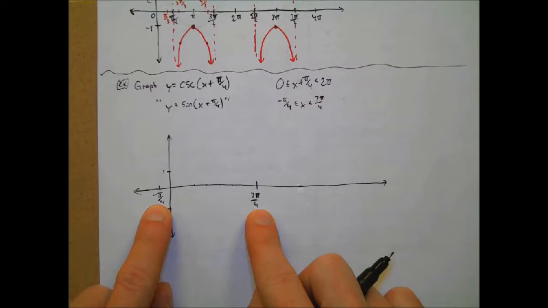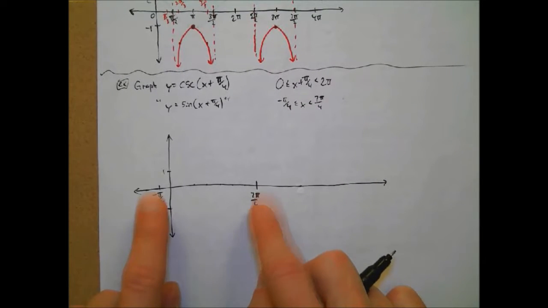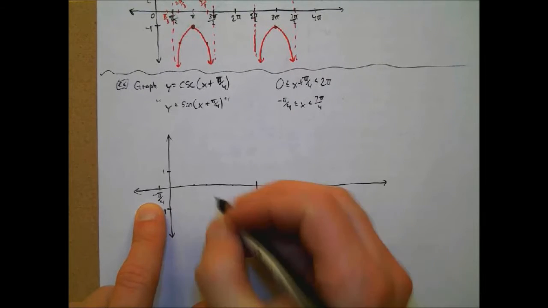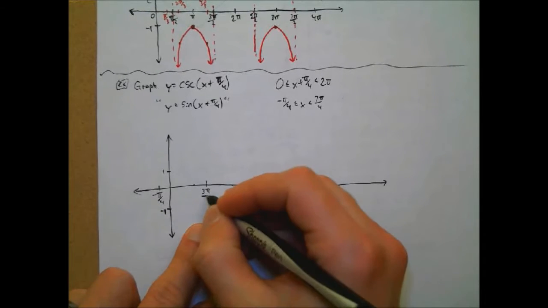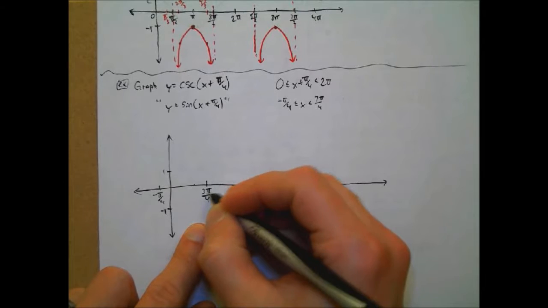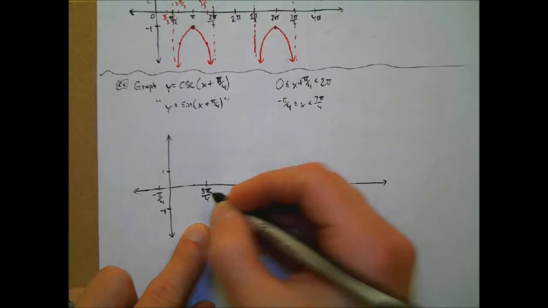Now we have to find the midpoint. So add them up. Negative pi over 4 plus 7 pi over 4 is 6 pi over 4, which is the same as 3 pi over 2. Divided by 2, 3 pi over 4. So the halfway point here is 3 pi over 4. Again, just add them up, simplify, divide by 2.